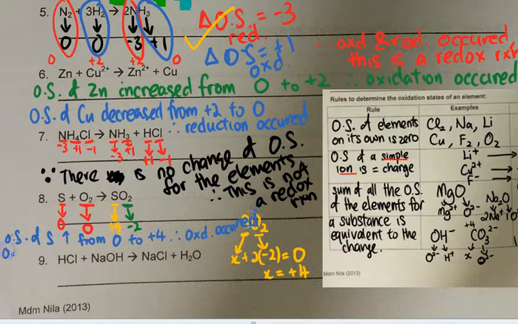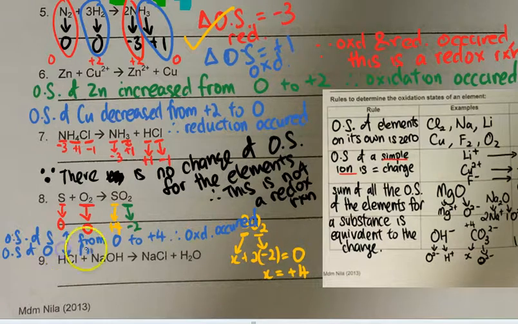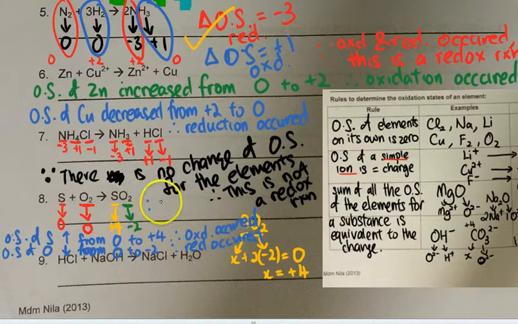Next, we say that oxidation state of O decreases from 0 to minus 2. Therefore, reduction occurred. So with these two statements, you can say, therefore, this is a redox reaction. So you can see how I'm writing my answers here.